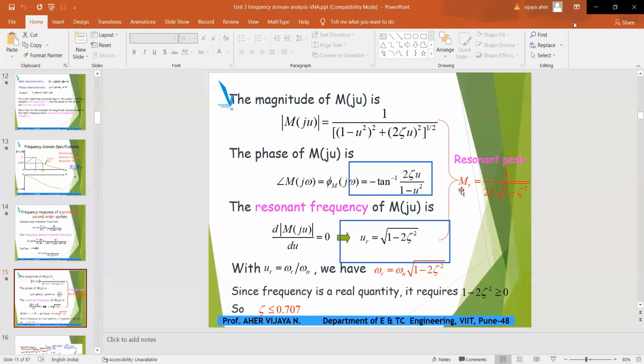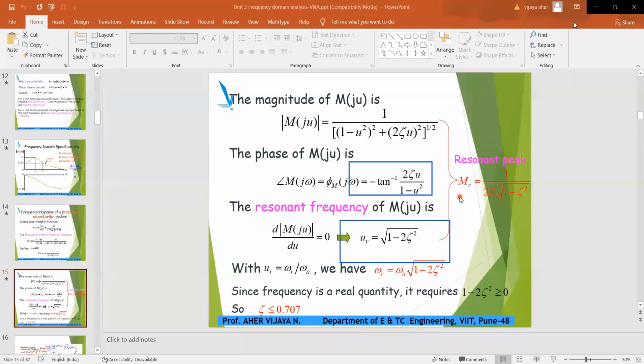The resonant peak is denoted by letter Mr, and you will get Mr equal to 1 divided by 2 zeta under root 1 minus zeta square. Let us see how this equation comes; rather, you have to derive it.